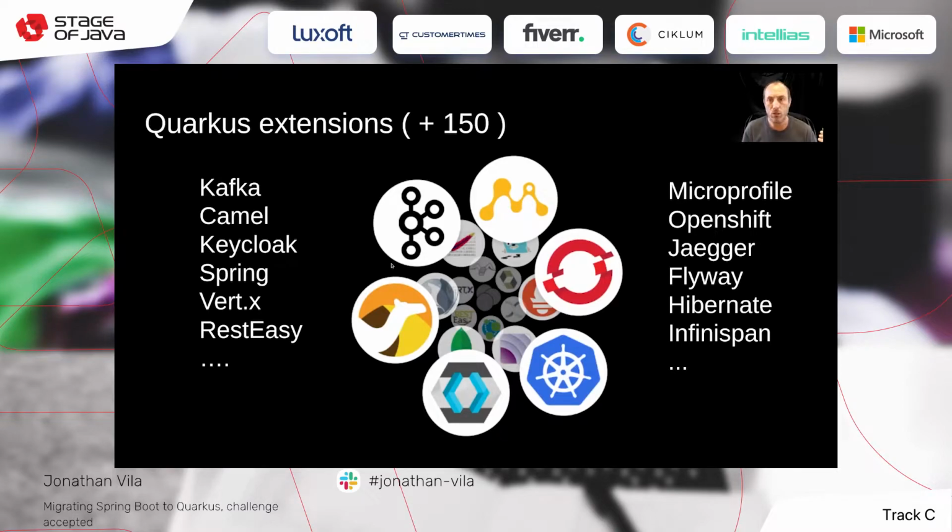So Quarkus extensions, more than 150, from Kafka, Camel, Keycloak, Spring, Vert.x, RESTEasy to MicroProfile, OpenShift, Kubernetes Client, Flyway, Hibernate, well, you name it. There are lots of them, and probably you are using some of them. So this is one of the important things, that you can continue working the same way as if you were using standard libraries, but using Quarkus.